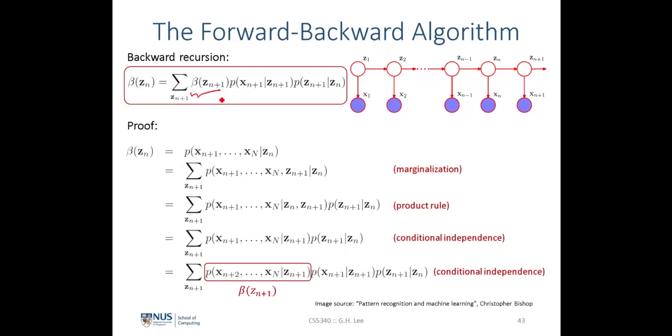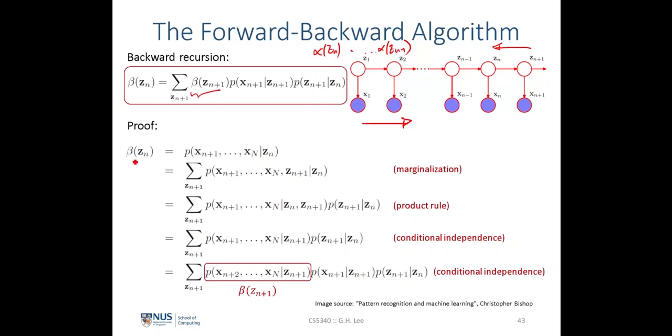Hence, it's termed a backward recursion because we are moving this way for the computation of beta, in comparison to alpha, where for alpha zn we have to make use of the term alpha zn minus 1. Hence, this is a forward recursion, where we are moving from left to right of the Markov chain. We'll now show a proof of the backward recursion expression.